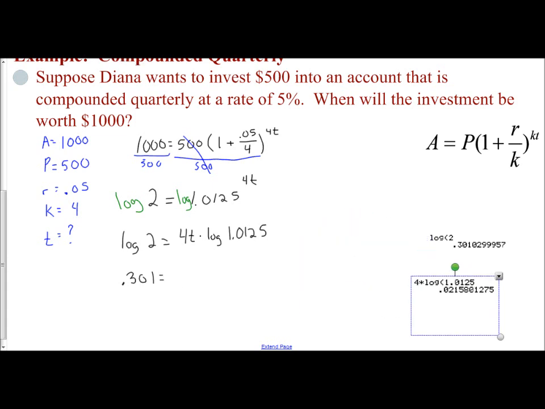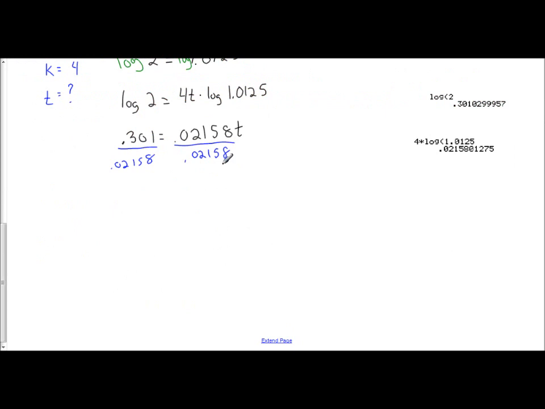So really, I can rewrite this as 0.02158 times t. So to solve for t, I'm going to divide both sides by my coefficient of 0.02158. That allows me to cancel that out.